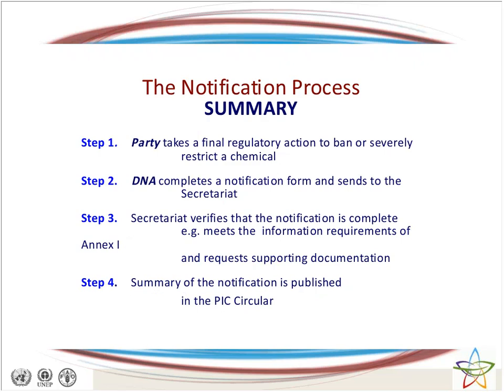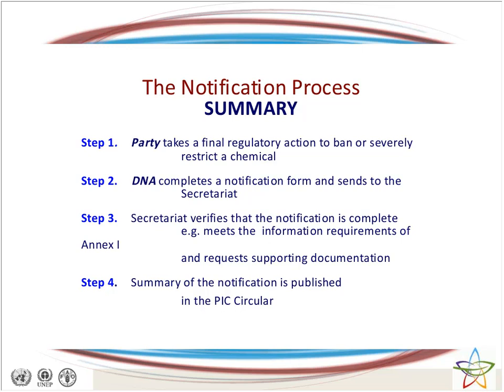So now we summarize the notification process. If we divide it in steps, we can identify 4 steps. The first step, the party takes the final regulatory action to ban or severely restrict a chemical, and this is a prerogative of each party, it is not a requirement of the Convention.